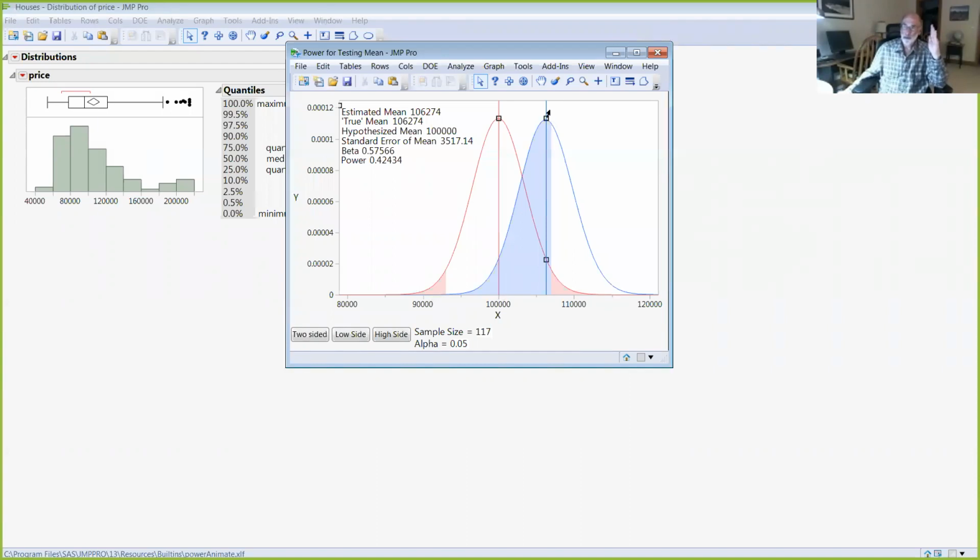The blue area represents, for what we actually found in this test, an estimated mean of 106,000, how likely it is that we would not be rejecting the 100,000 hypothesis. And it says there's a 42%, there's actually a 57% chance, that's what the blue shaded area is.